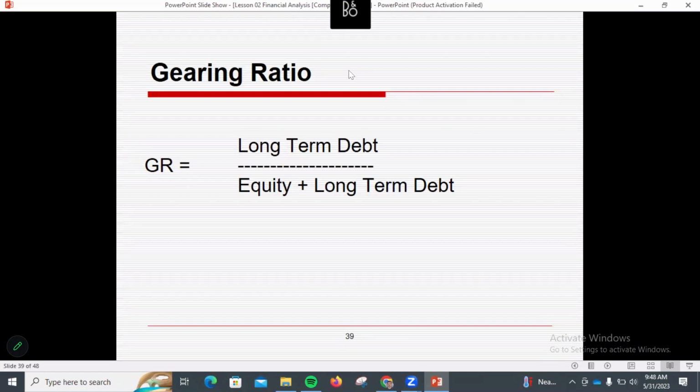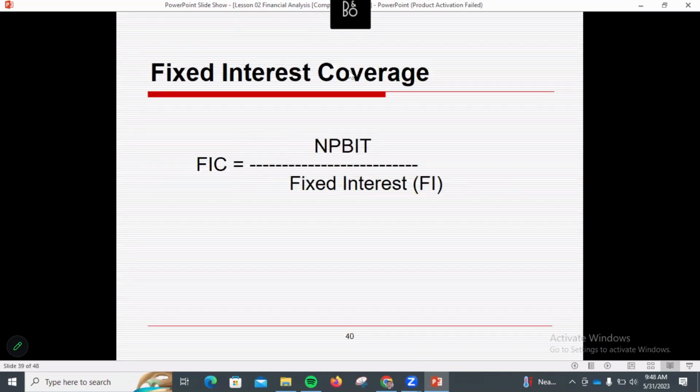So in the literature, some discussions are there to understand the meaning of this gearing. Then the fixed interest coverage. When the firm is going with loan capital, long-term capital, they should be able to meet the liability of paying the interest on time.